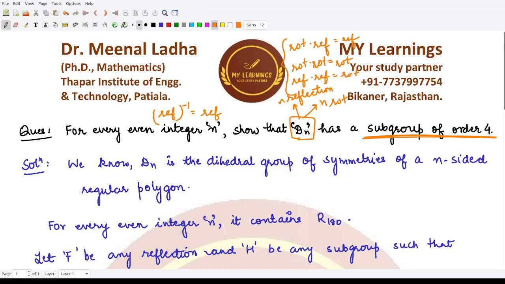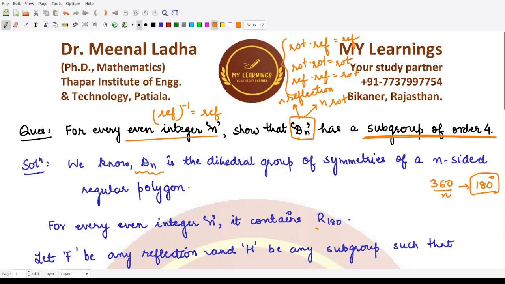Because we are taking n to be an even integer, we can divide 360 by n, so it would contain 180 for sure. So we would have a rotation by 180 degrees in Dn. It would surely be there because n is even.